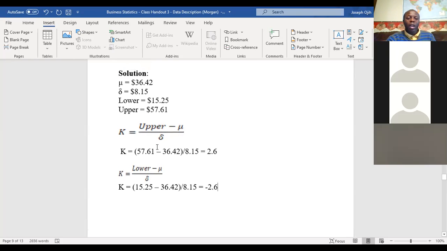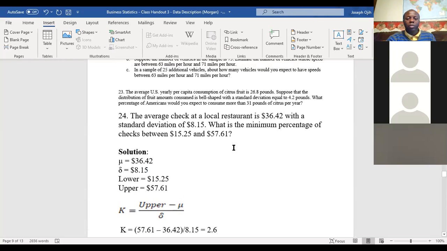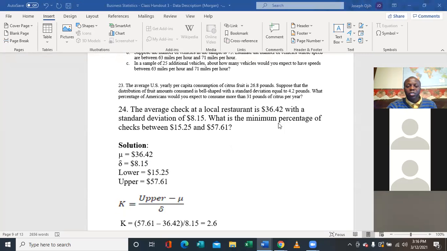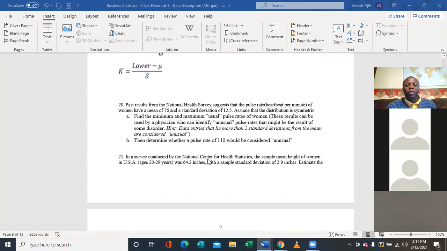So now that we have K, we can answer the question. The question says, what is the minimum percentage of the checks that are between $15.25 and $57.61? Now that you have found the K, you can use the formula for the Chebyshev.